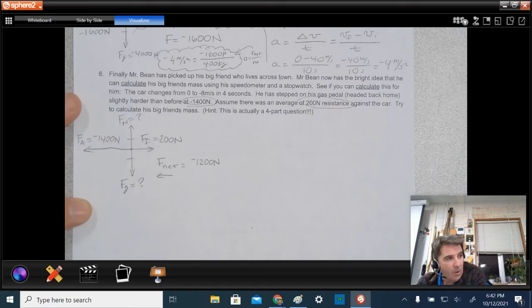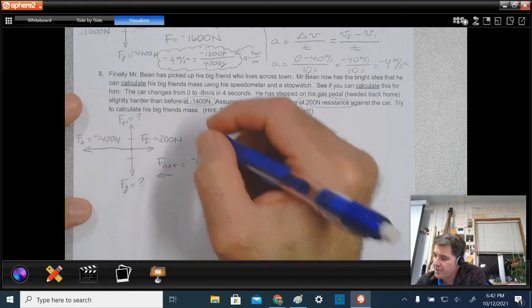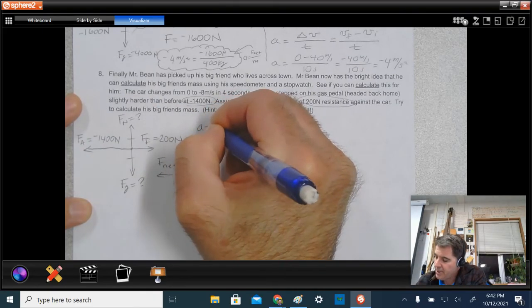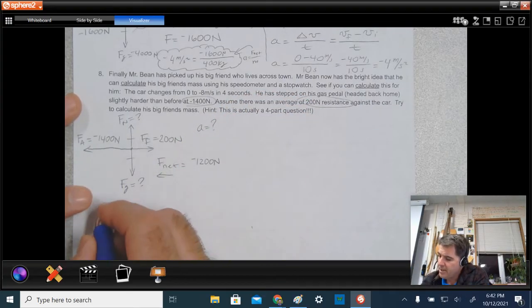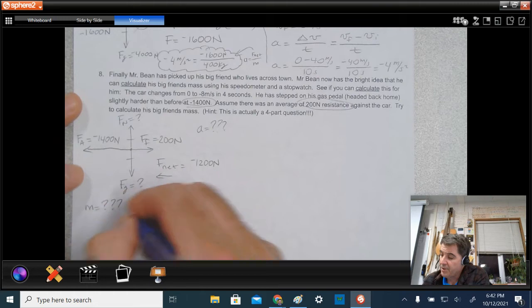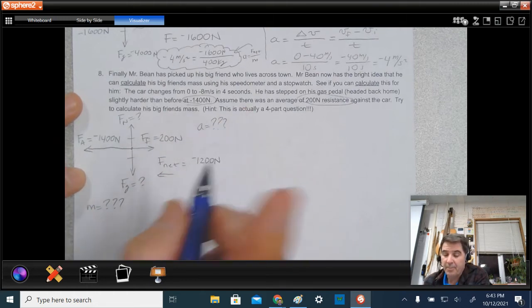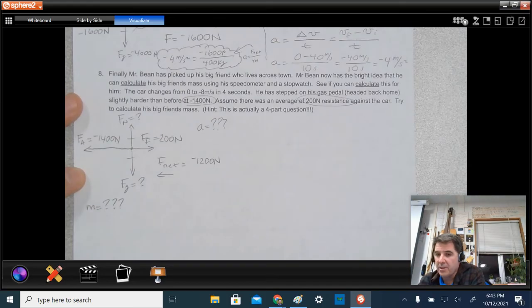We also know that, does it say the acceleration? It doesn't say the acceleration. We need to know what the acceleration is. And the problem with acceleration is we can't get it from this because we don't have the mass. So the mass equals question mark. We also can't find the acceleration going with the force equation. But can we go for the acceleration using unit 1?